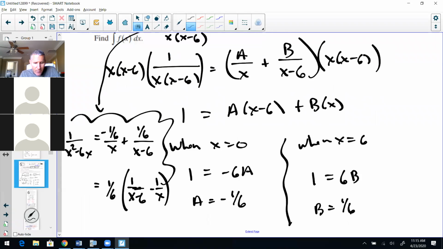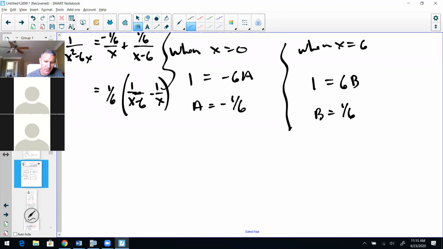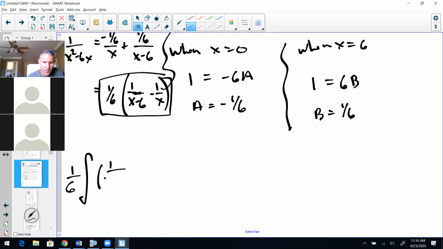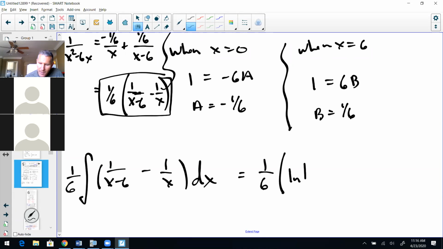Okay, so now we are finding the integral of the function. So the integral of this, I'd factor out my 1/6, and I'd have 1 over x minus 6 minus 1 over x dx, which is equal to 1/6 times ln of absolute value x minus 6 minus ln of absolute value of x.